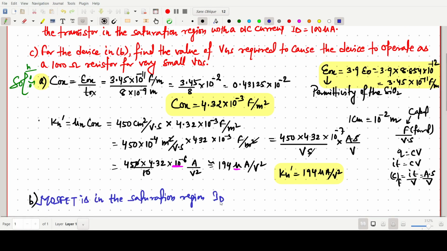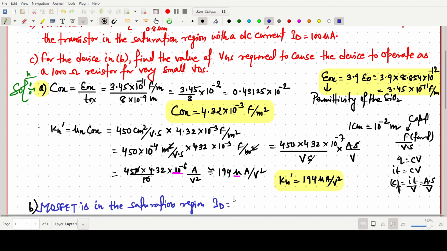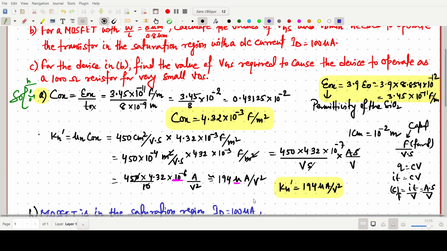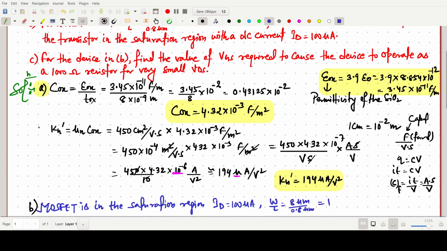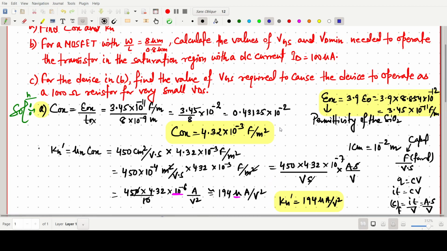And W by L is given how much, 8 micron by 0.8 micron, means overall value W by L is 10. So these two are given. We have to find the value of VGS. We have to find the value of VGS and VD min.